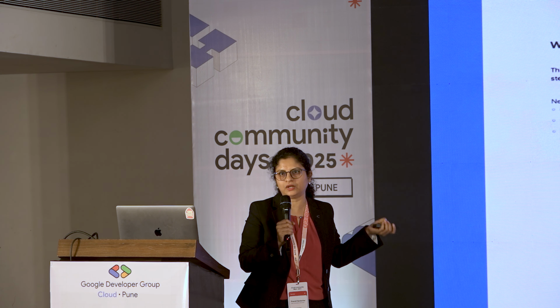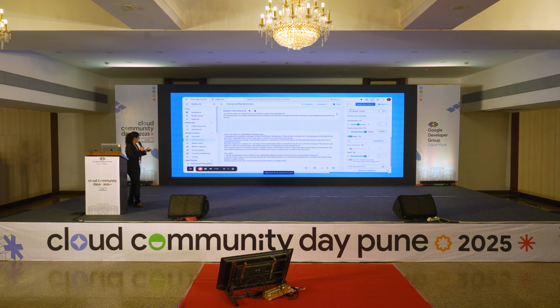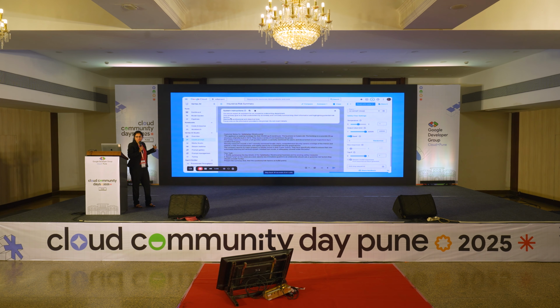I can ask it to give me the key details, or I can tell it in what format I want this information. The same way, I can change my system instructions and change my prompts.